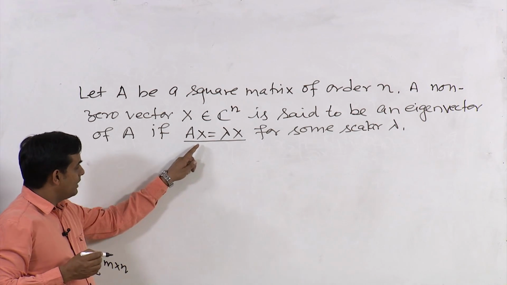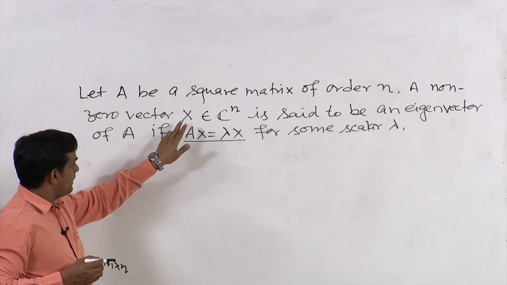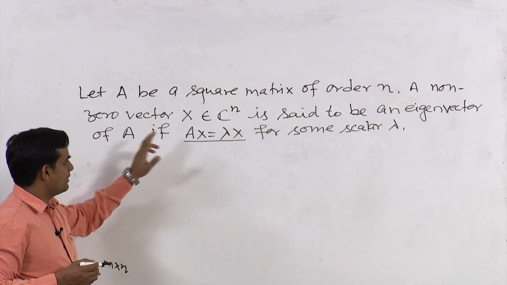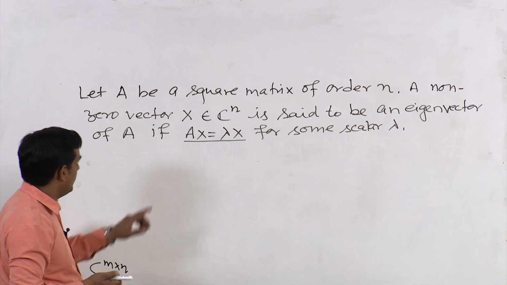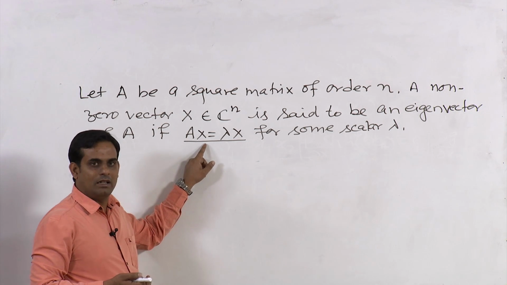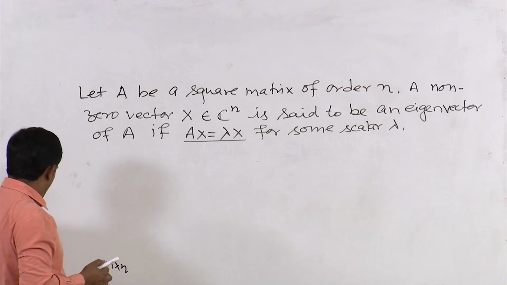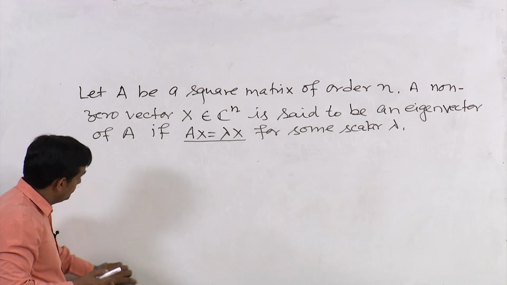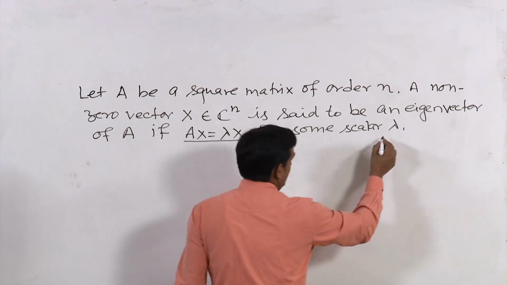Notice this, that I will say that x is an eigenvector of A. First of all, it should be a non-zero vector. Second thing, it should satisfy this particular condition, that is Ax equals lambda x. Now, let us talk about this scalar lambda.